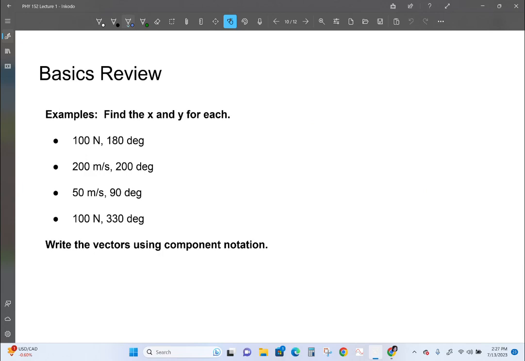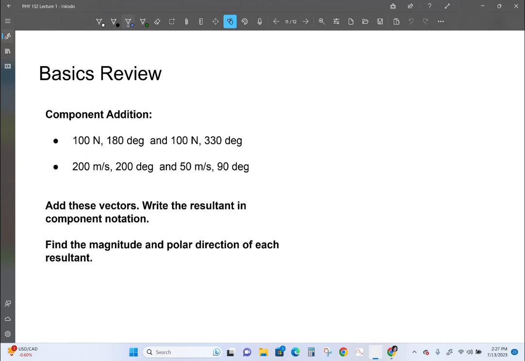And finally, we need to be able to add vectors, especially vectors that are not at right angles to each other. So let's just change this one to be 180 degrees and 30 degrees. So let's just sketch this out.